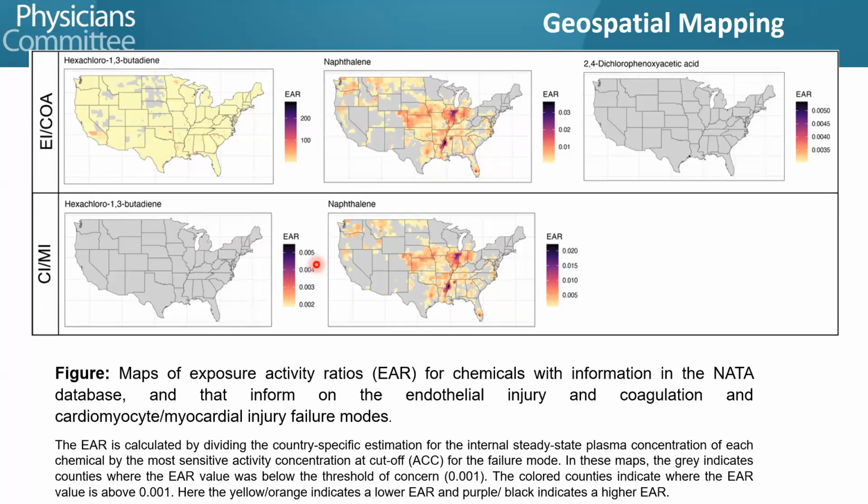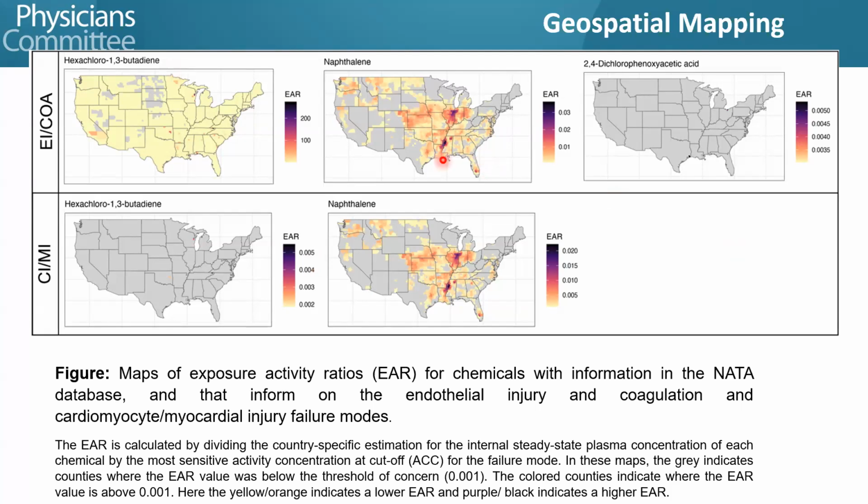But then we wanted to see the regions where people might be affected by cardiovascular risk from these exposures. I would say this is not an analysis that we could use in the regulatory system, but this is another example of how we can utilize these approaches to address different issues posed to human health by environmental chemicals.